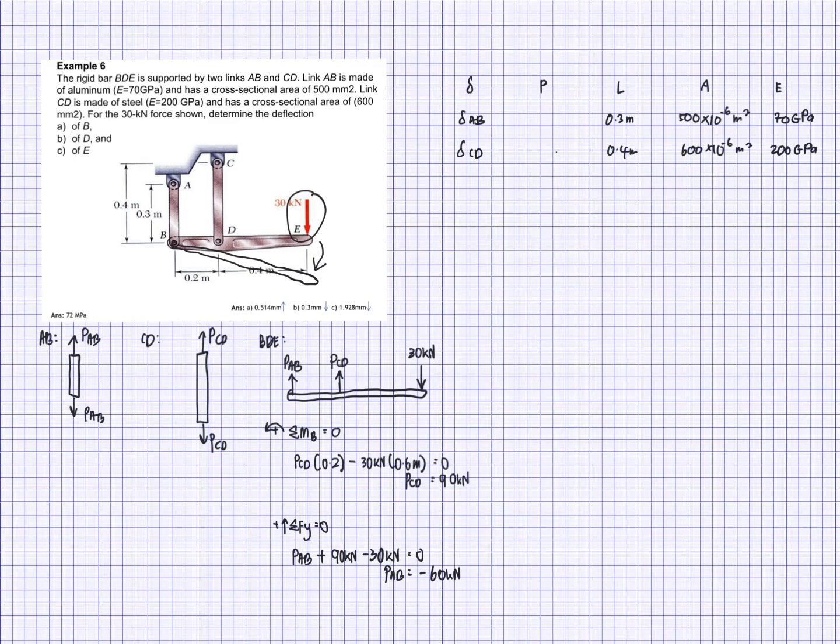Then we put it in the table here, 90 kilonewton, negative 60 kilonewton and 90 kilonewton. Please take note that the negative sign at PAB shows that PAB is in compression.